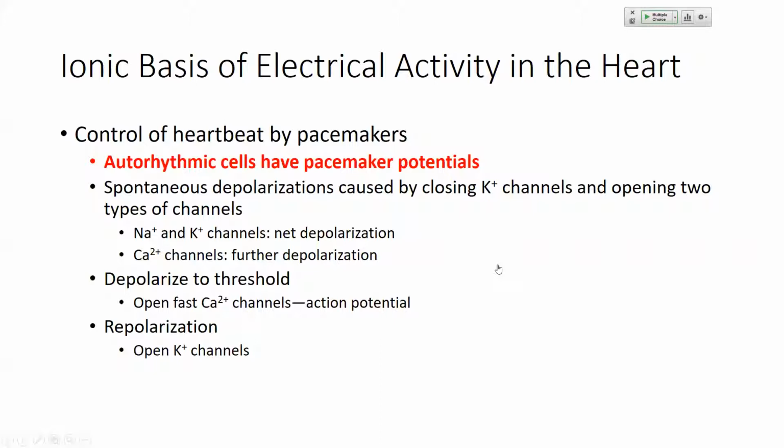Okay, so the first thing we'll talk about is the ionic basis of a pacemaker cell, and then we'll look at the ionic basis of a contractile cell. I want you to keep those two types of cells very distinct, very different. Right? So let's draw this out here.